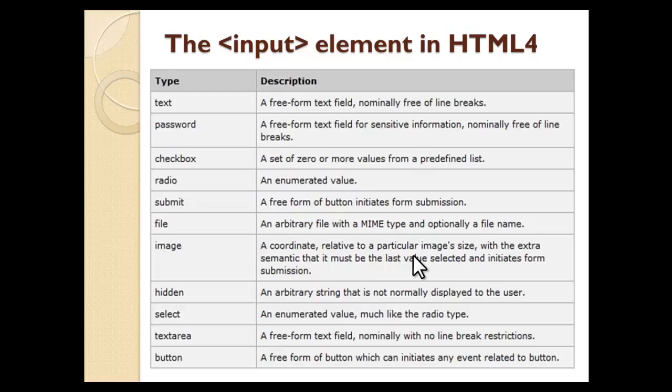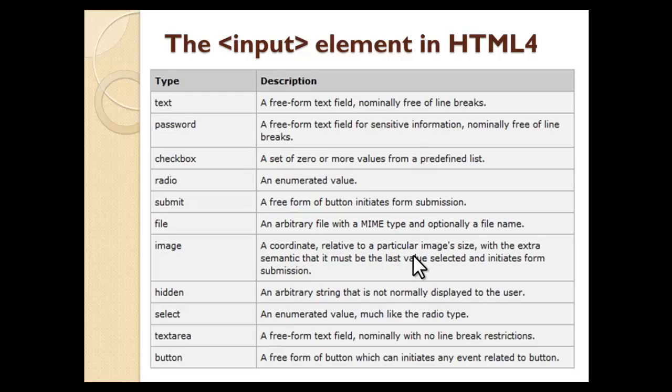Text gives us a field in which the user types the data. It is free from line breaks, meaning we cannot add lines in it; the data entered goes in a single line. Password is case-sensitive information which is also on a single line and cannot be in more than one line. Checkbox is a set of zero or more values from a predefined list.